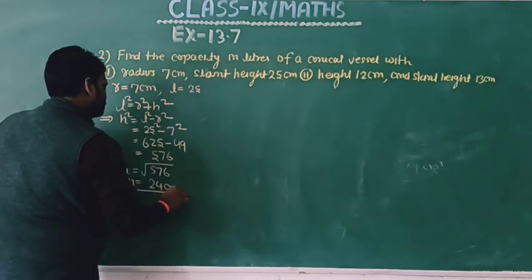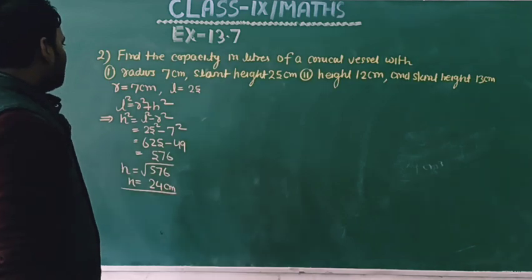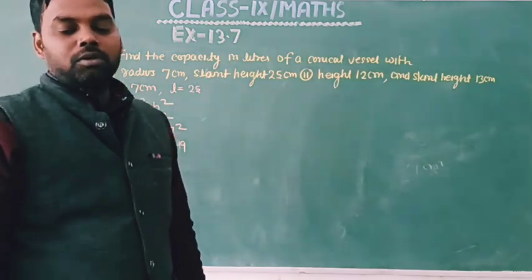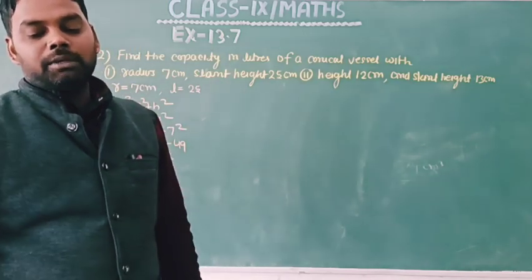So the height of the conical vessel is 24 centimeter.